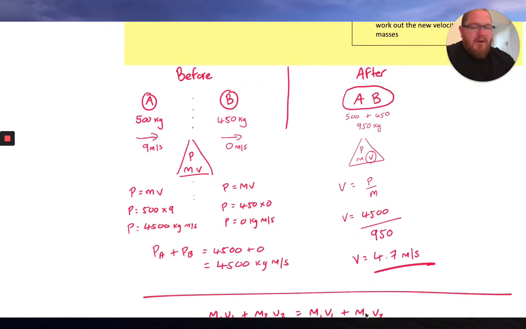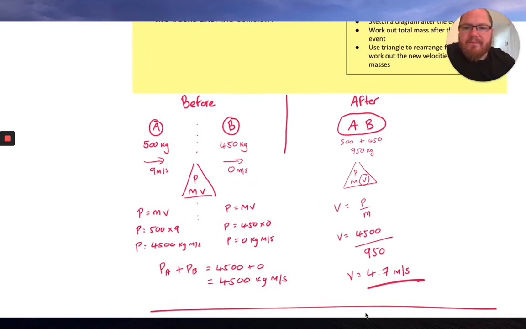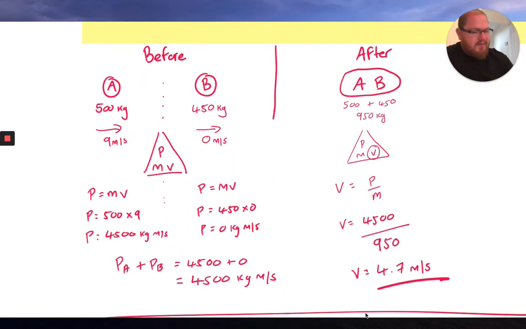All right, so this is the way that I did it before. My first method, so I'll just run through it. 500 kg, 450 kg, he's not moving, this one is. I've worked out my momentum. I've totaled my momentum.